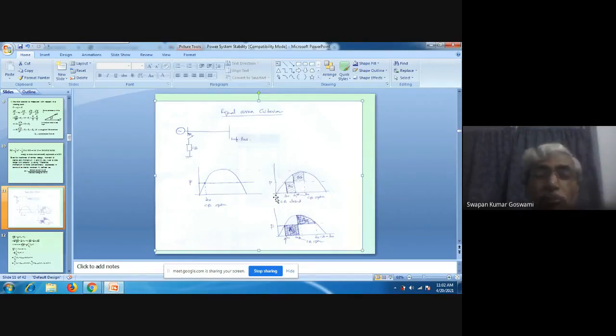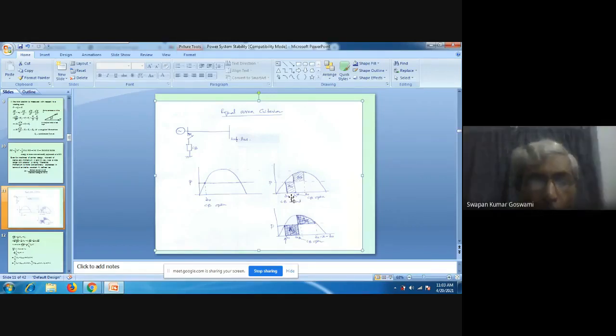But here we are showing between power and delta, so we can say this is representing energy, not in the actual unit of energy, but here we are expressing it in terms of megawatt multiplied by radian. Is it clear? Could you follow this?